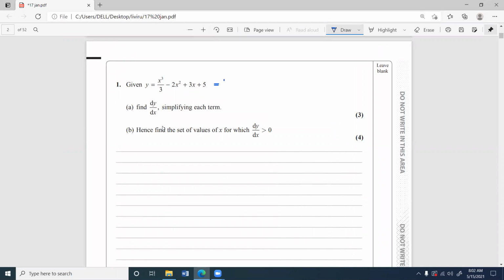If you just simplify, this is 1 over 3 x to the power 3, minus 2 x to the power 2 plus 3x plus 5. If you write it in this format, it would be easier for us to do this differentiation.